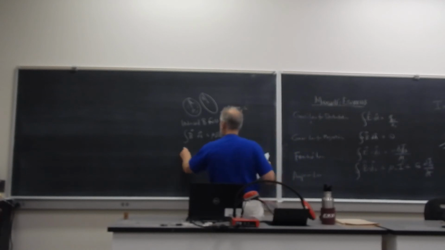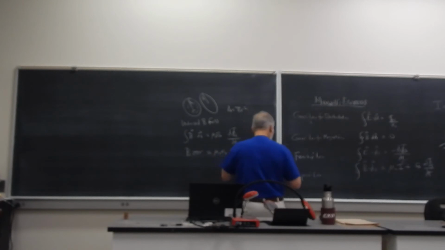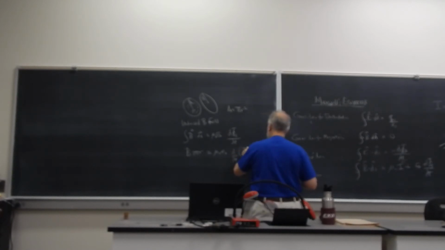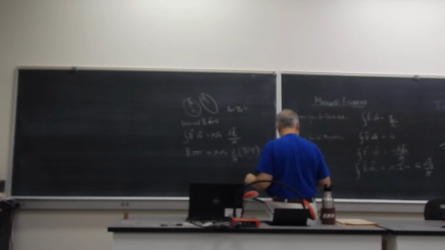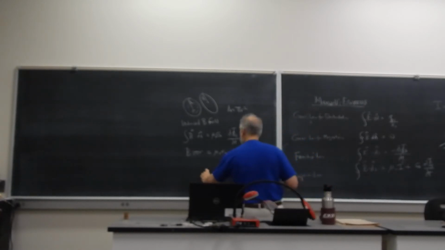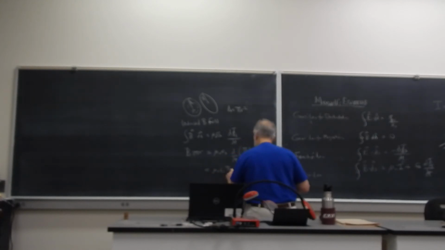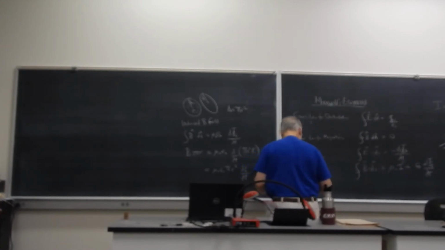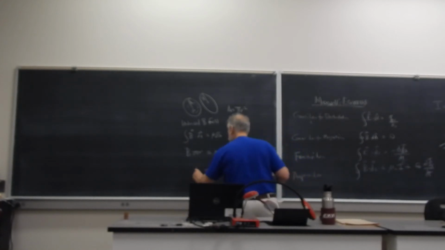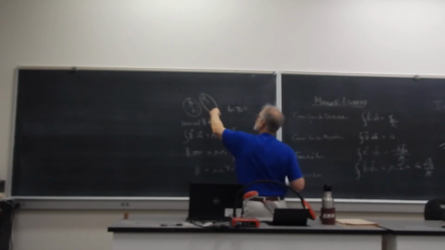And so this becomes B times 2 pi little r is mu naught epsilon naught times the time derivative of pi r squared times the electric field, which I can write as mu naught epsilon naught pi r squared dE/dt. So that would be my magnetic field that's induced for a case where r is less than the radius of the plates.